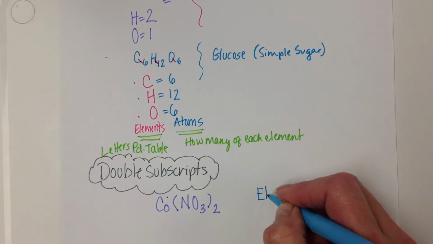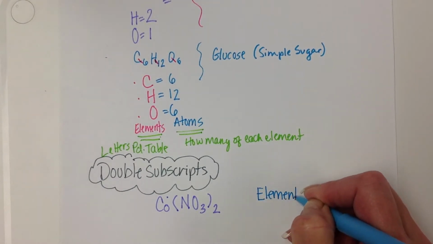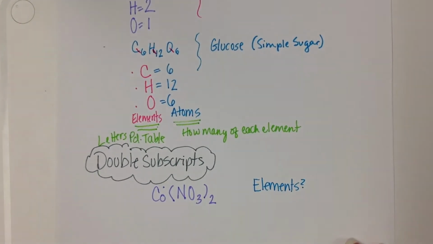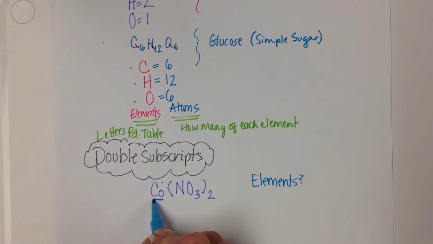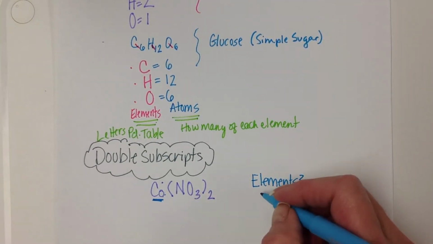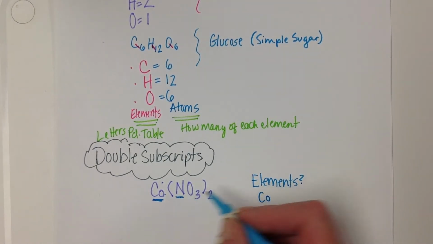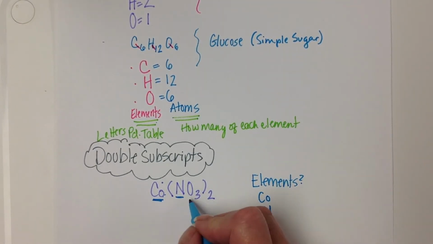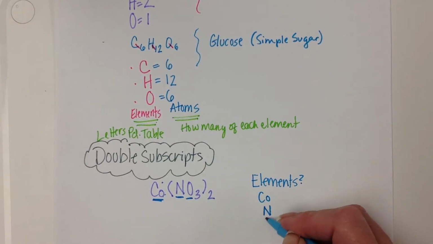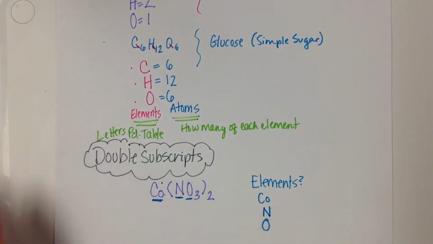Alright, first of all, let's count the elements. What are elements here? Okay, so we have Co. Remember, small letter following a capital letter lets us know that that is still one element. That's its symbol. So we have Co. We have another capital letter N. And we have another capital letter O. So these are our elements.